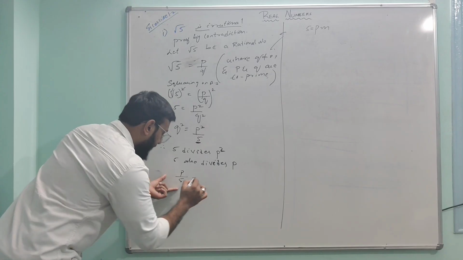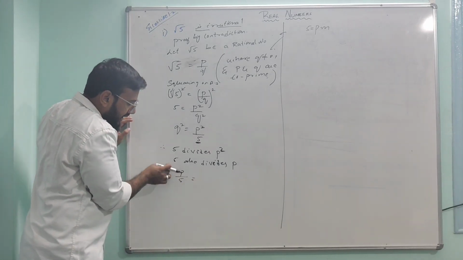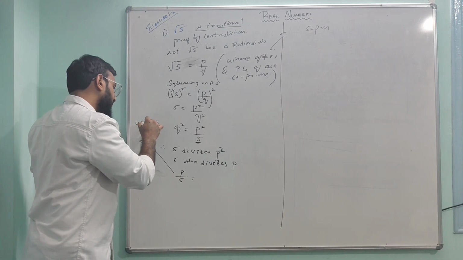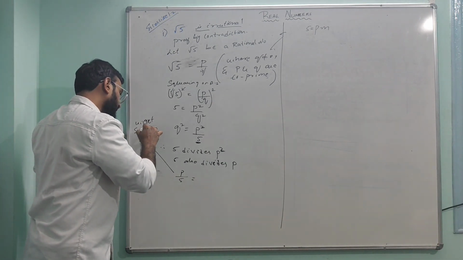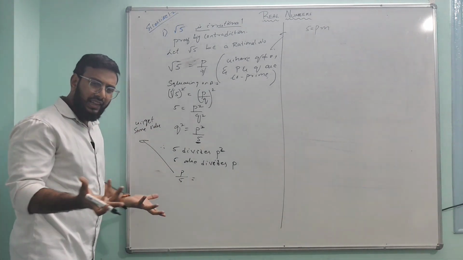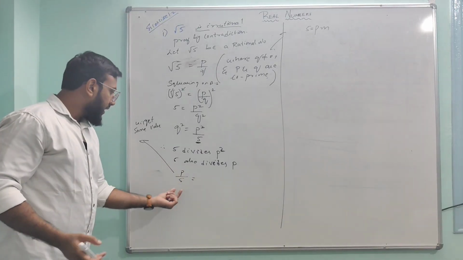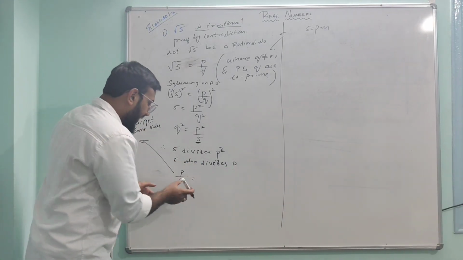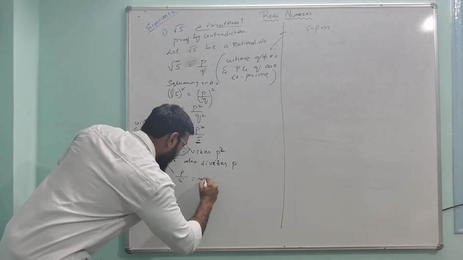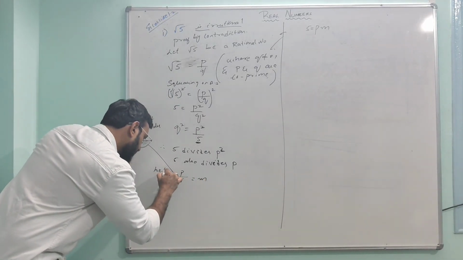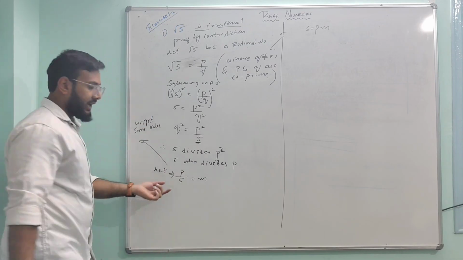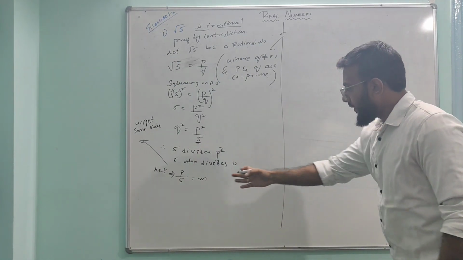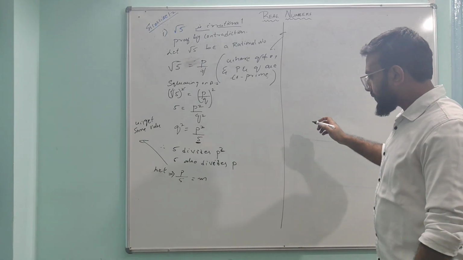See here, after we divide this, we'll get some value, correct? As per the theorem, 5 also divides p. Let us say this answer will be m. Let p by 5 is equal to m.